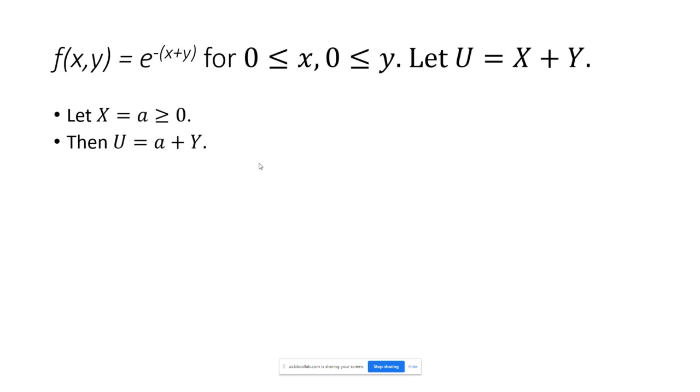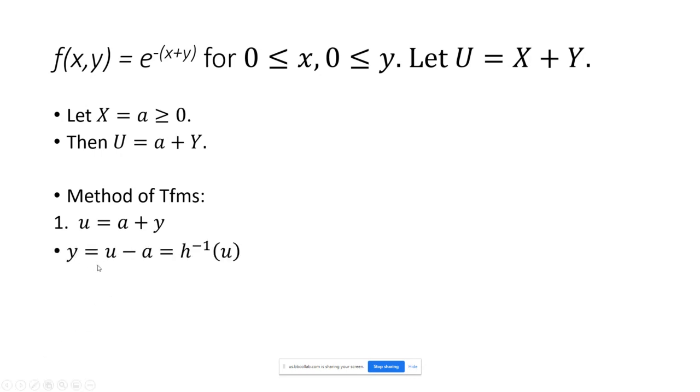So now we're thinking about this as a function of just y. So now we can use the method of transformations. So our h function is u equals a plus y. And we want to solve that for y. So we get y is equal to u minus a as our h inverse of u.